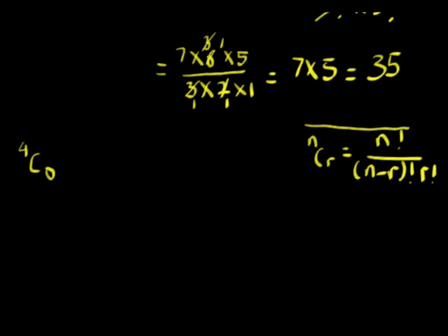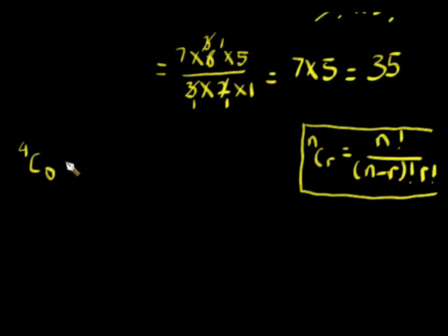Comparing with our formula, we see that 4 represents n, and 0 represents r. So wherever we see n, we put in 4, and wherever we see r, we substitute 0.